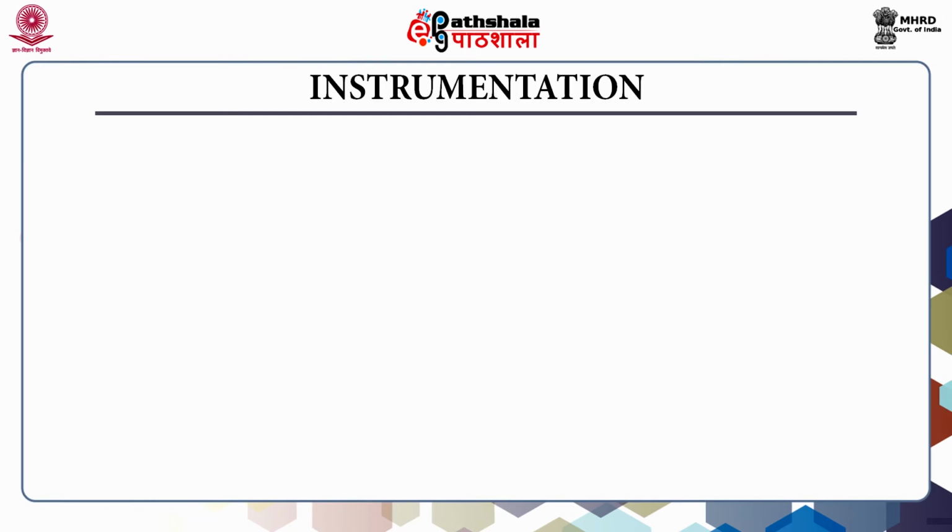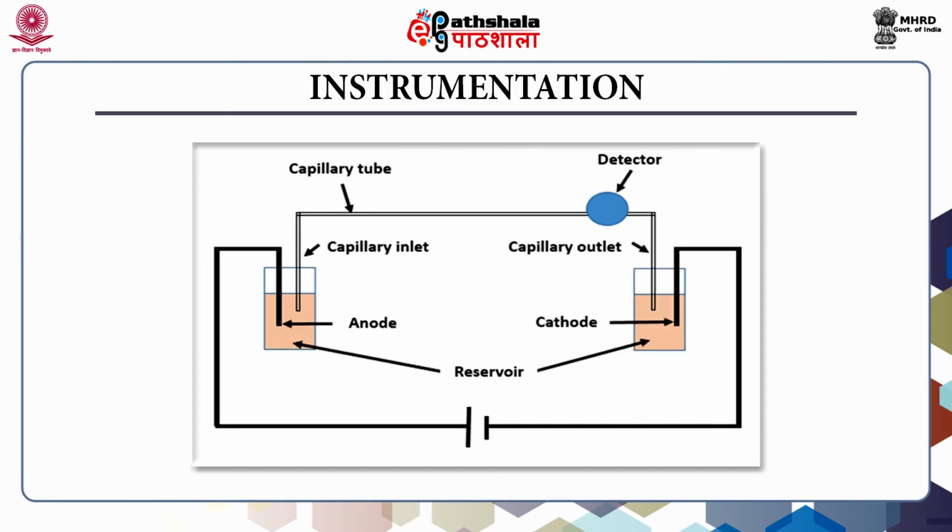Instrumentation is simple. It requires a capillary, two buffer reservoirs, one at the anodic and one at the cathodic end of the capillary, cathode, anode, power supply, detector and data processor. One end of the capillary tube is dipped in the anodic reservoir containing buffer and the other end is dipped in the cathodic reservoir.